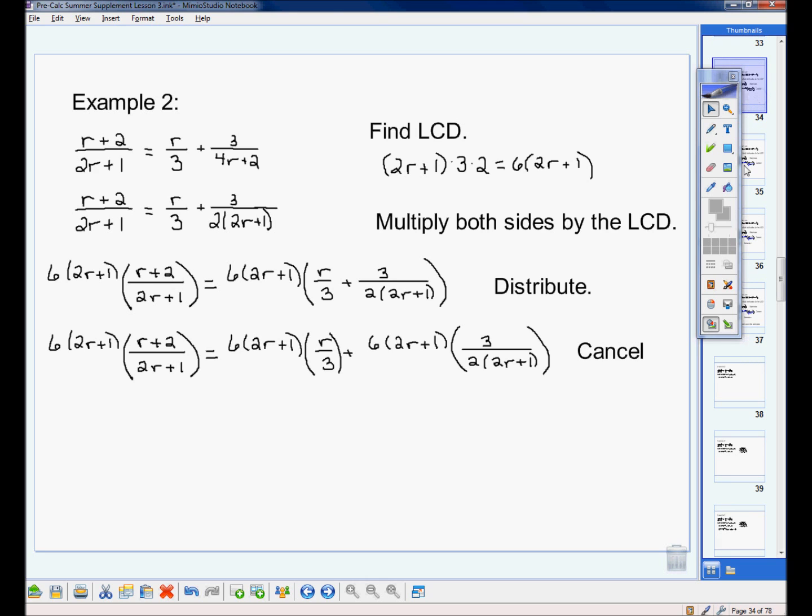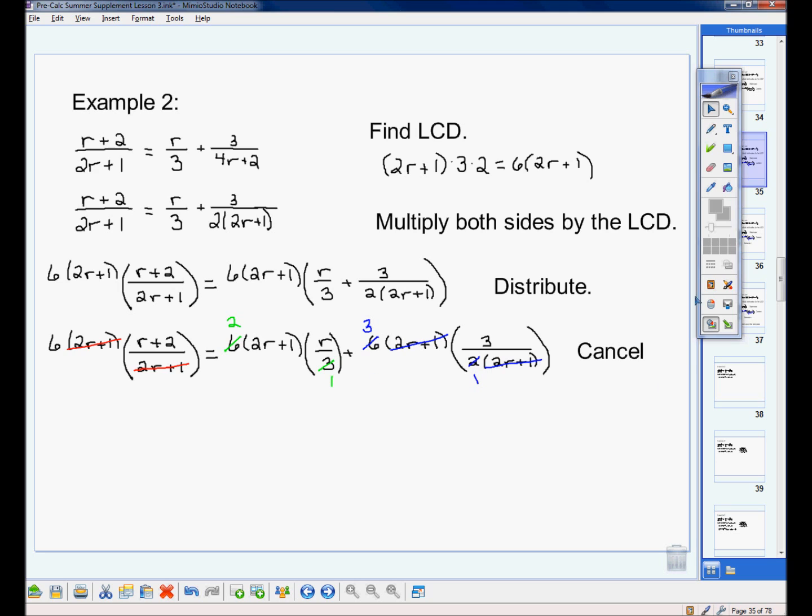Now we can begin to cancel. 2r plus 1 cancels out. 6 and 3 cancels to a 2. 3 and 2 cancels to a 1, and the 2r plus 1 cancels out. Remember, your expectation is that if you found your least common denominator correctly, when you multiply both sides by them, you shouldn't have any denominators left.